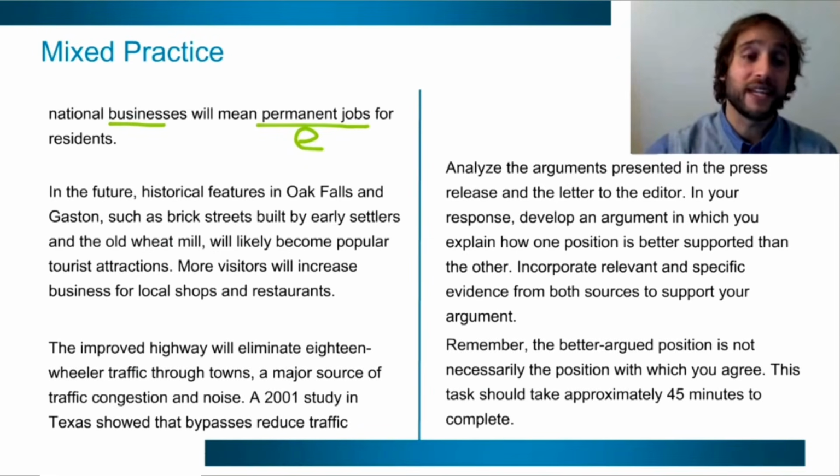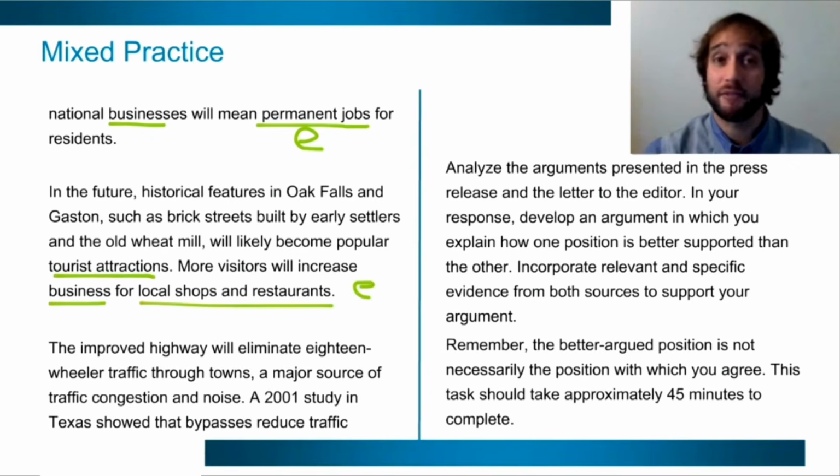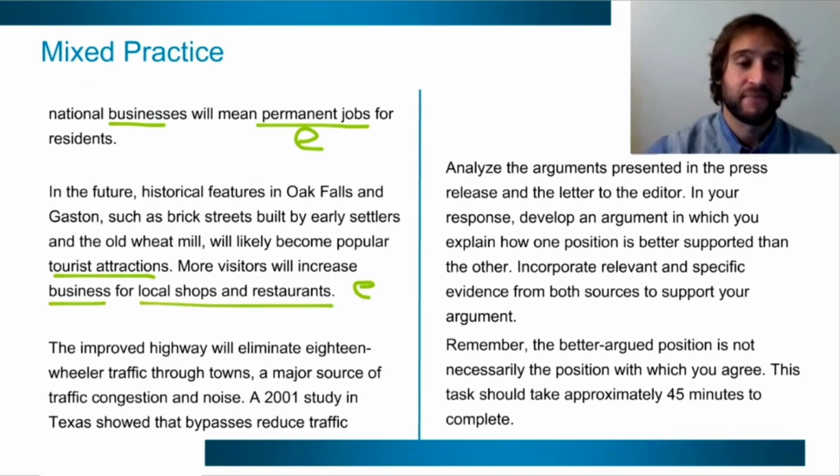In the next paragraph we get another potential positive benefit: we could have tourist attractions, which means more business for our local shops and restaurants. All of that could be positive if it happens. We don't want to assume, like the author does, that it necessarily will happen. What we want to see is, does she provide sufficient evidence to suggest that it likely will?